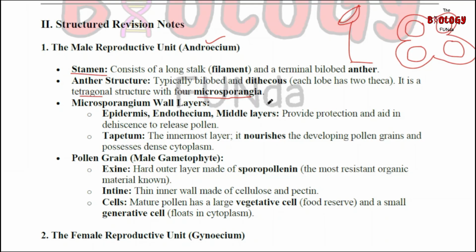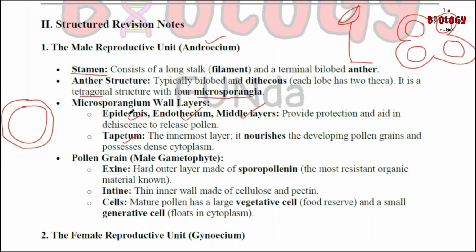This microsporangium, if I draw it like this, you will find that there are four wall layers outside. These four wall layers are epidermis, endothecium, middle layer, and tapetum.